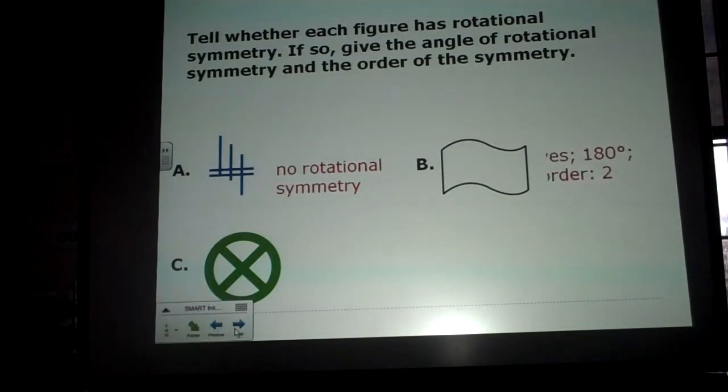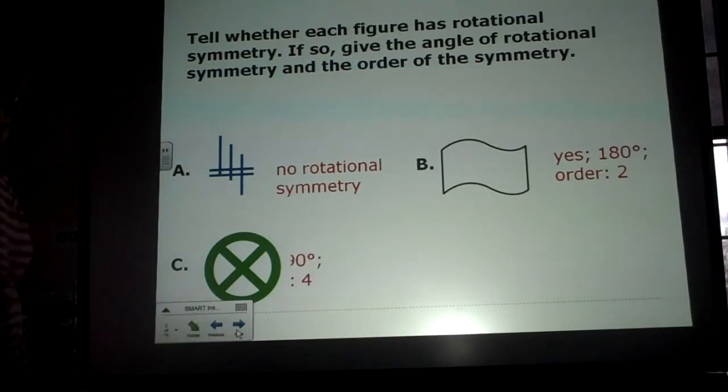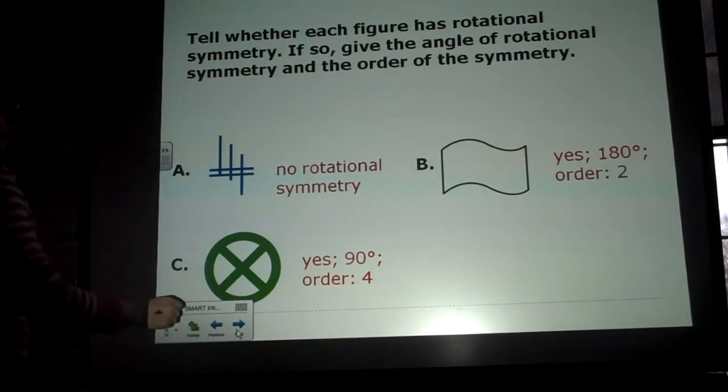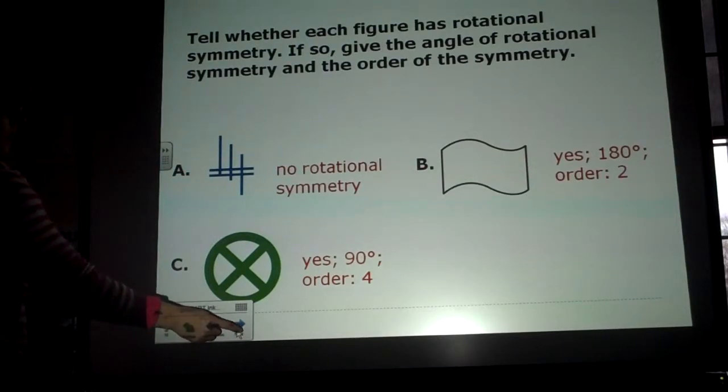Yes, you can rotate it 180 degrees. So you rotated it twice. So the order is 2. 360 divided by 2 is 180. What about C? Yes, you can rotate it 4 times to where it goes back to the original figure. 360 divided by 4 is 90, so the order is 4.